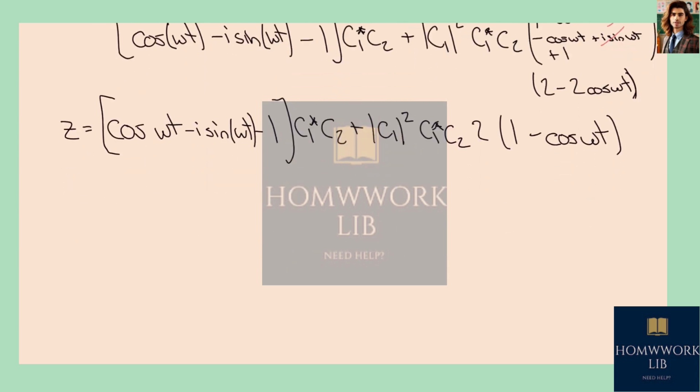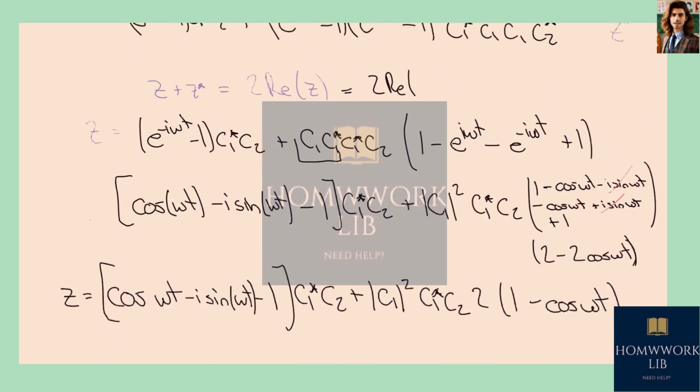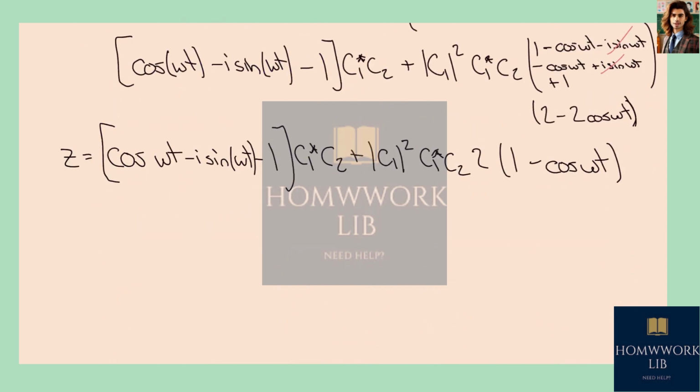And now, to ensure that we keep correctly the real part of z whenever we want to do our original result over here of z plus z conjugate, what we're going to do is decompose c1 conjugate. This is going to be equal to the real part of c1 minus the imaginary part of c1.